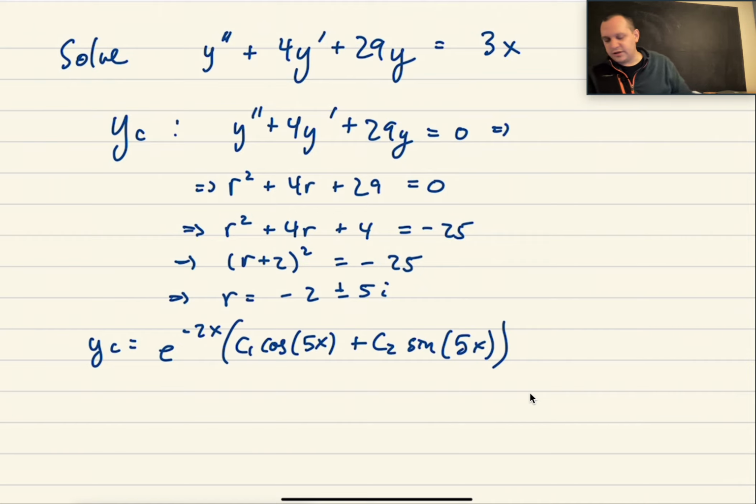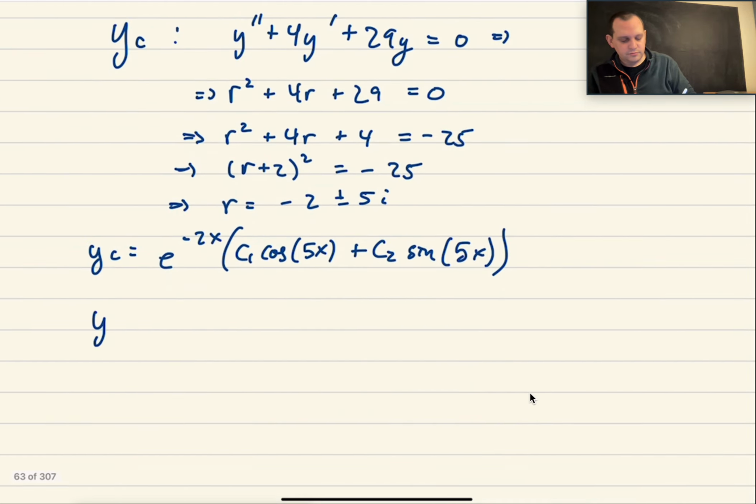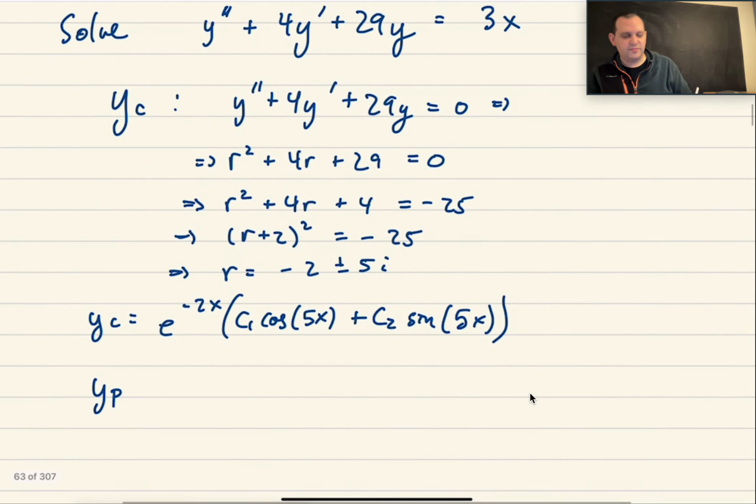Next, we'll look at the particular solution. For the particular solution, we have to make a guess as to what it is going to look like. A good first guess might be a constant times x, because that's what we have. Except it turns out that it's not going to work.